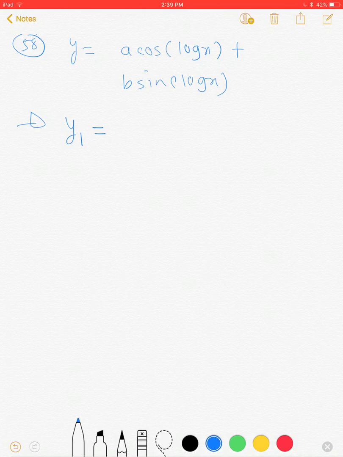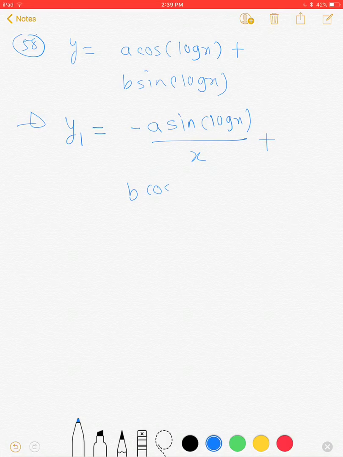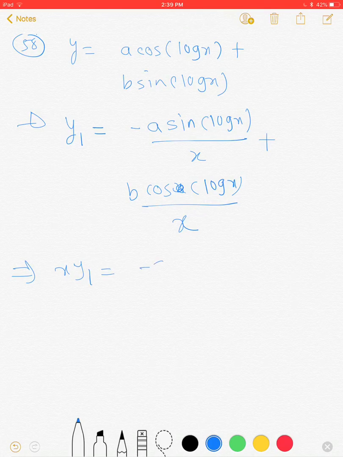We'll get y1: the derivative of cos is minus sine of log x, and the derivative of log x is 1 by x, plus b, the derivative of sine is cos, that is cos of log x, and the derivative of log x is again 1 by x. We can multiply by x on both sides, so we get x y1 is equal to minus a sine of log x plus b cos of log x.